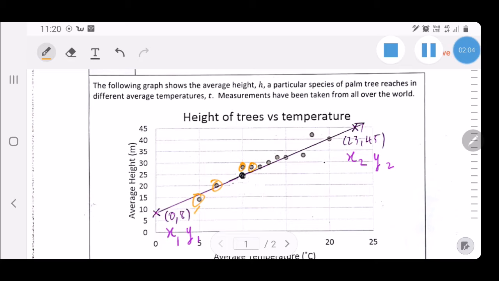Now, let's take a look at this point here. That measurement, let's just make up a location. Let's say, I don't know, Canada. In Canada, where the average temperature is 5 degrees, that's probably wildly inaccurate, but it doesn't matter. In Canada, where the average temperature is 5 degrees, these particular sort of palm trees grow to an average height of 15 meters, okay?